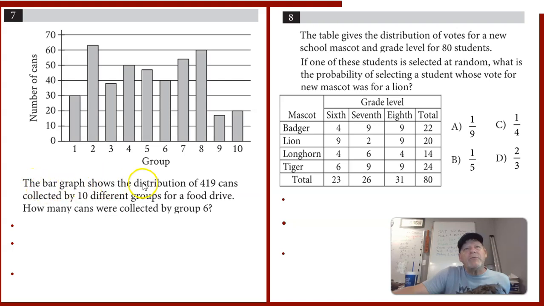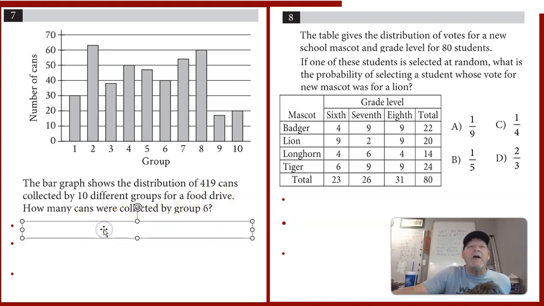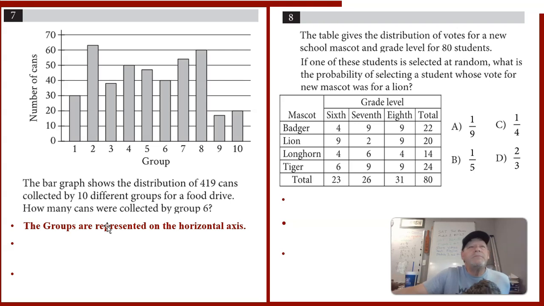It says the bar graph shows the distribution of 419 cans collected by 10 different groups for a food drive. How many cans were collected by group 6? This is just analyzing this. So pause this and answer it. It shouldn't take long. It's not too tough. We'll talk about it after you start the video up again.